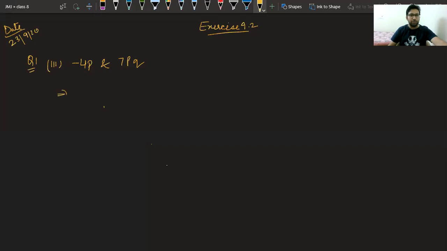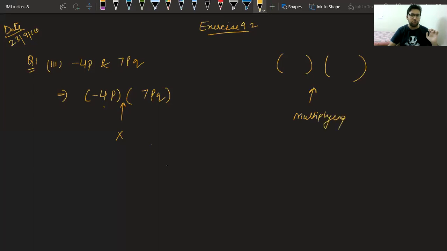Simply you have to multiply like this, minus 4p bracket 7pq. So class, if I'm not putting a multiplication sign between them and I'm only writing brackets, it means they are multiplying. So don't get confused. Okay class, are you able to understand?